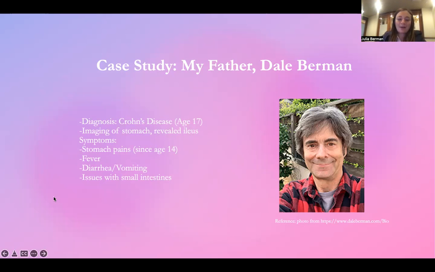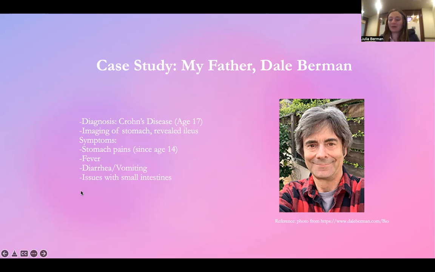And then he was diagnosed with Crohn's, because after imaging studies and scope studies, they told him that he has Crohn's based on the presentation of the imaging, and there is essentially no cure.